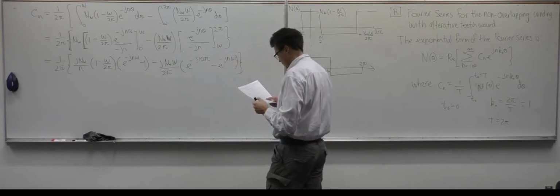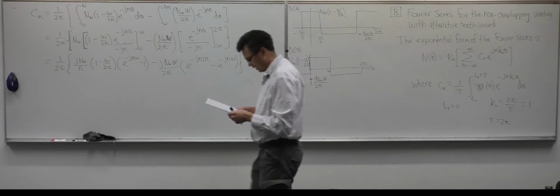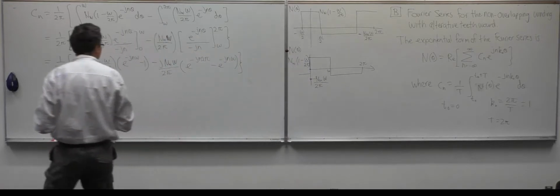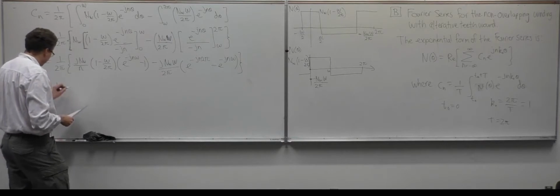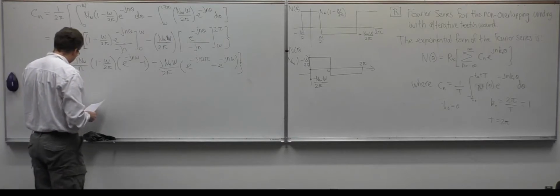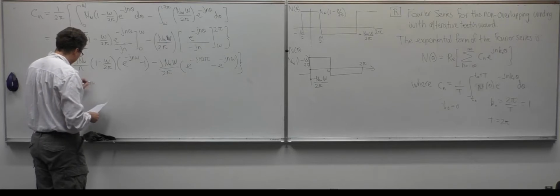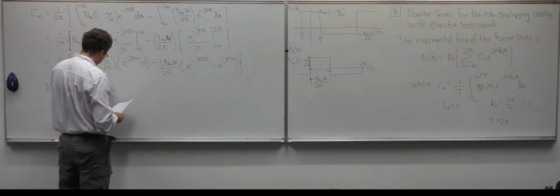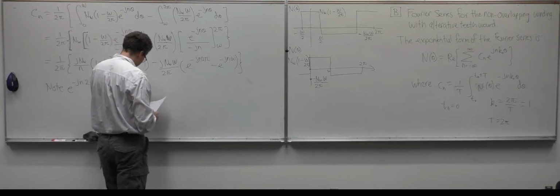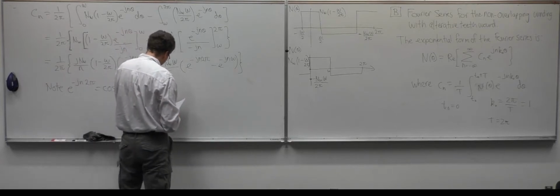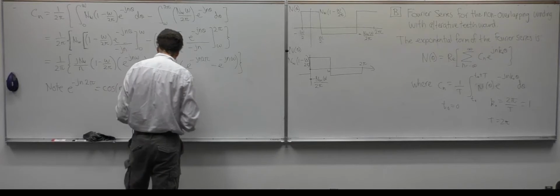Like this. Okay. Now we can note that e to the minus j n 2 pi is equal to cosine n 2 pi minus j sine n 2 pi.